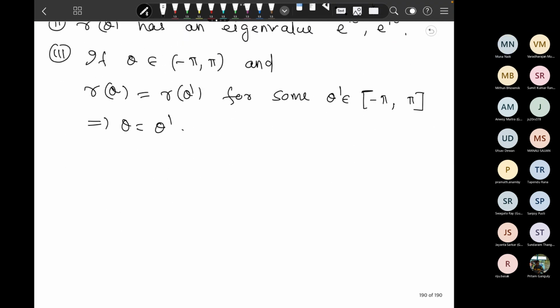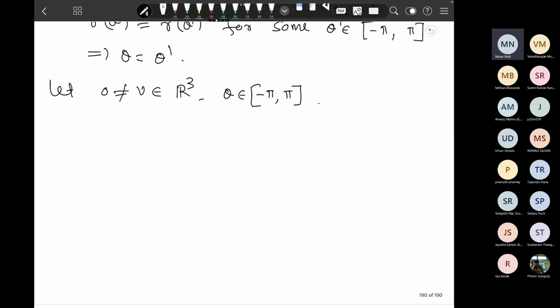Okay, so let 0 not equal to v belong to R3 and theta belong to say minus pi to pi. So pay some attention here.